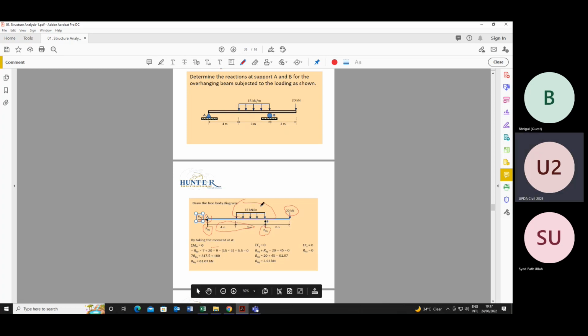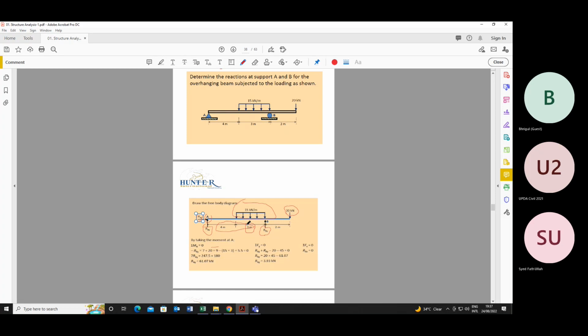Let's talk about the 15 kilonewton per meter. It is a UDL acting on 3 meters of length. Whenever there is a uniformly distributed load, first of all we calculate the total load acting on the member. The total load is 15 into 3, that is 45.